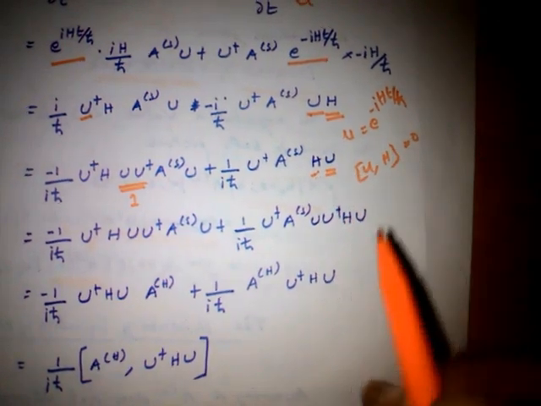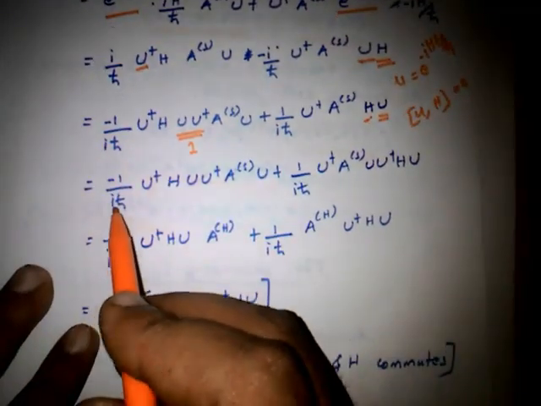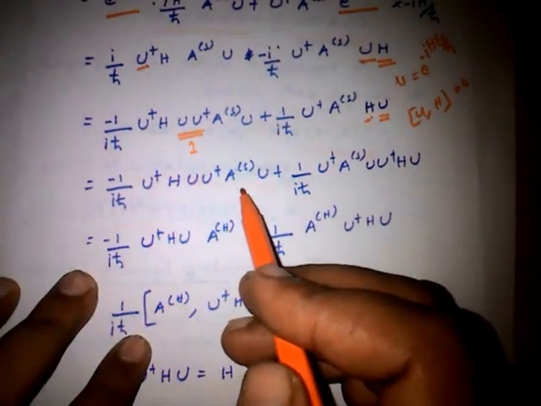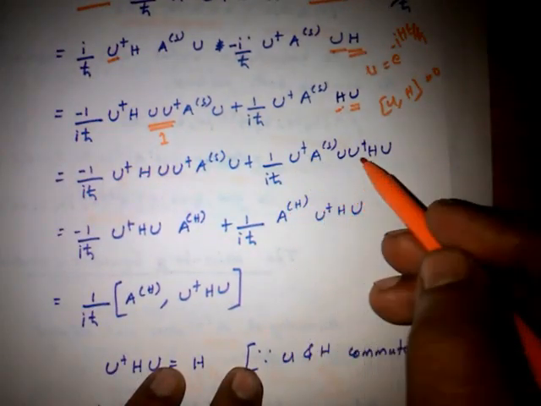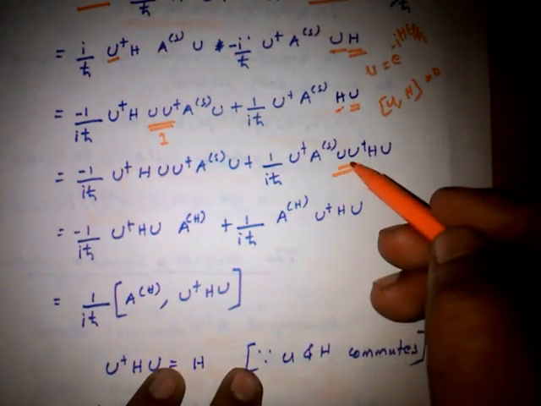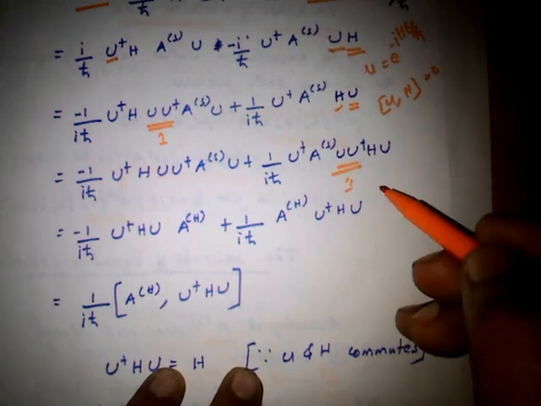So I can write this as minus 1 by i h cross U dagger H U dagger A_S U plus 1 by i h cross U dagger A_S U H. I just put a U dagger because it is equal to 1 and will not make any difference.